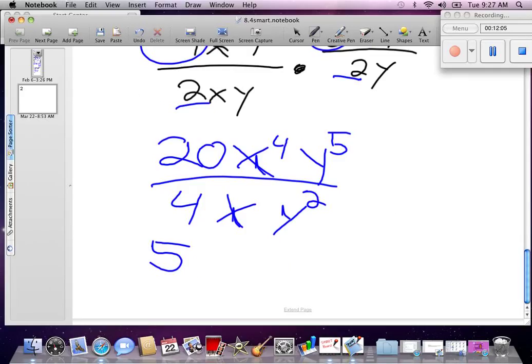So 4 minus 1 gives me x to the 3rd. 5 minus 2 gives me y to the 3rd. Because remember, when we're dividing, we subtract. Okay. We're going to do one more, and it's going to be just like 50, where there's kind of mixed in between.